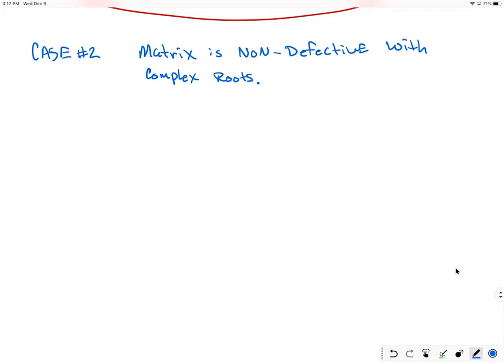I am just going to do the situation where you have a 2 by 2 matrix. You could also have a 3 by 3 matrix, or 4 by 4 or something bigger.